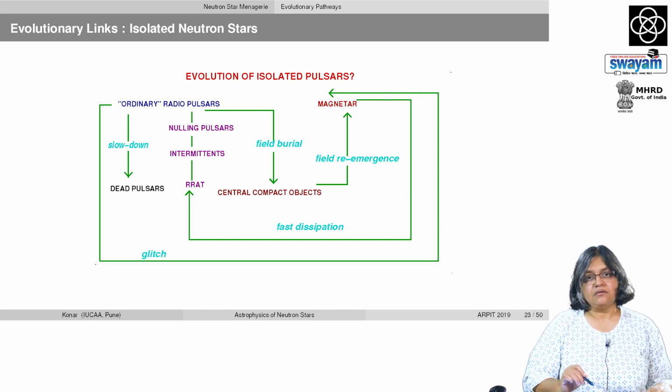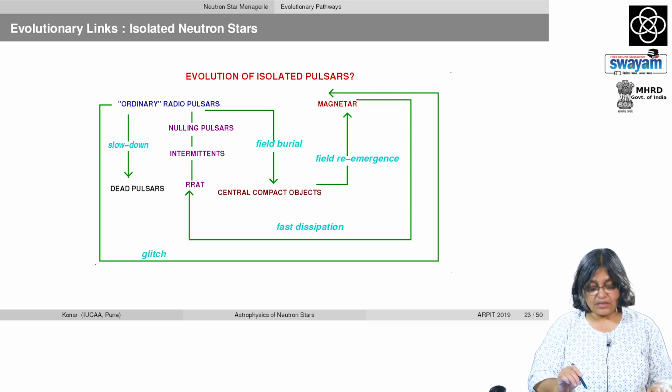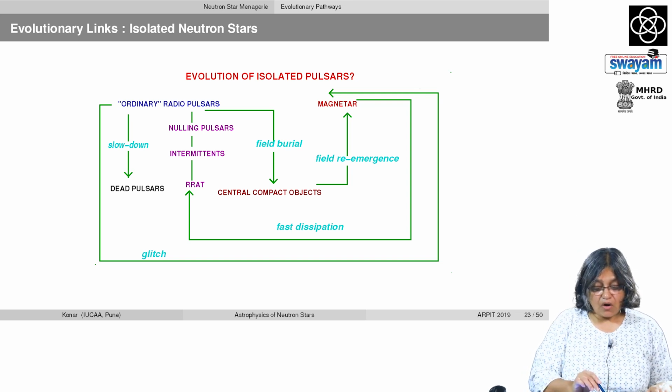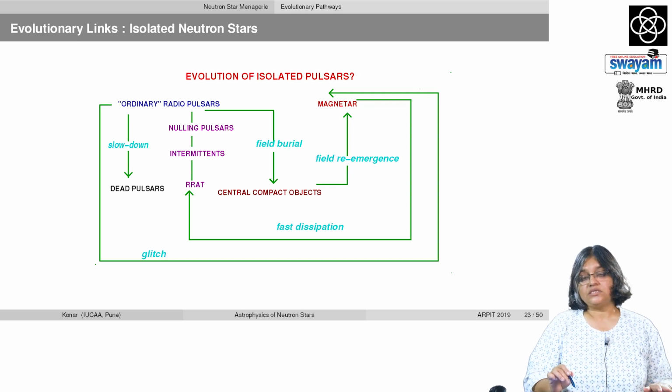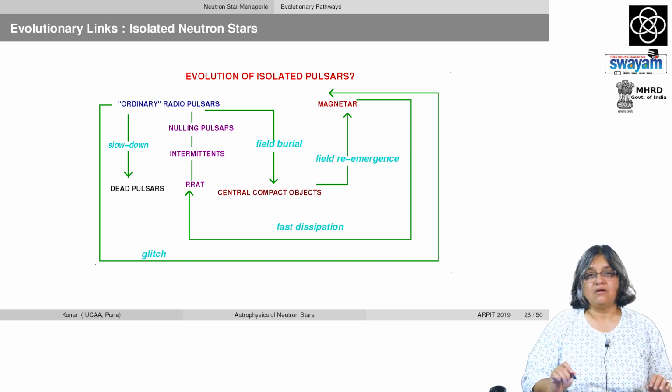And another aspect that we have discussed in a previous lecture is that ordinary radio pulsars undergoing repeated glitches may show up as a magnetar, because some of the repeated glitches show some suggestion of magnetic field increase.